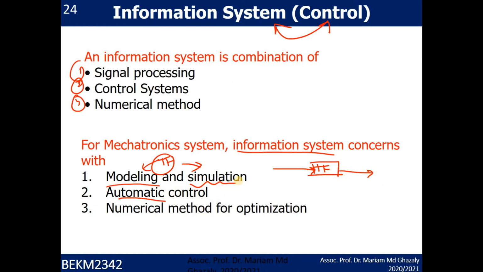And next, when you want to control the system, you are going to make a feedback to the system, by adding the error part. So you have the reference here, then you have the output. Okay, so here is the error. And that one is the numerical method for optimization.